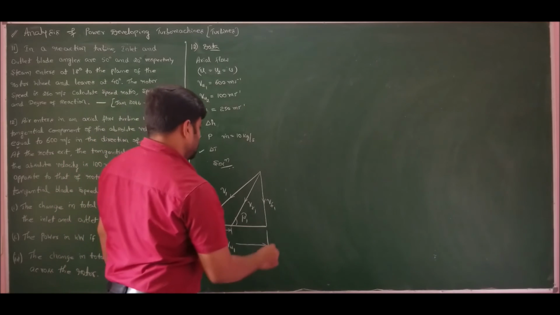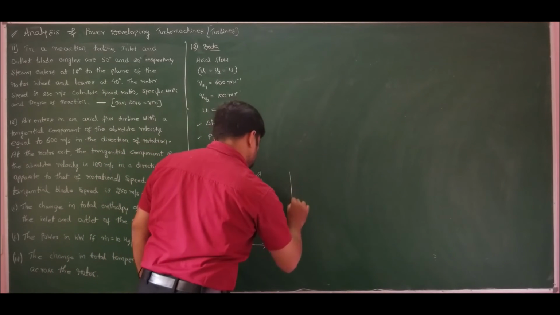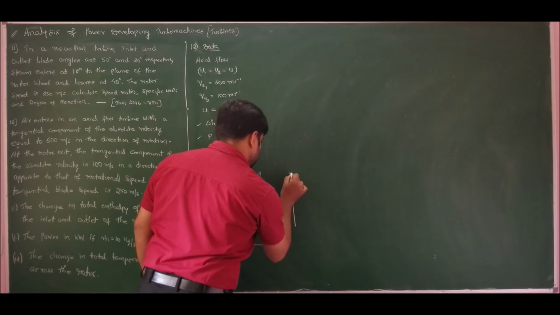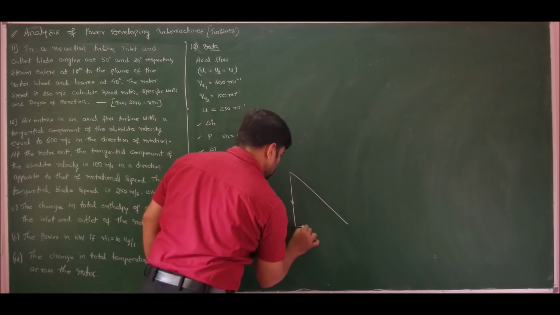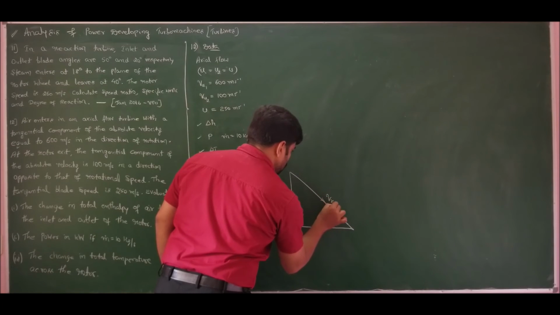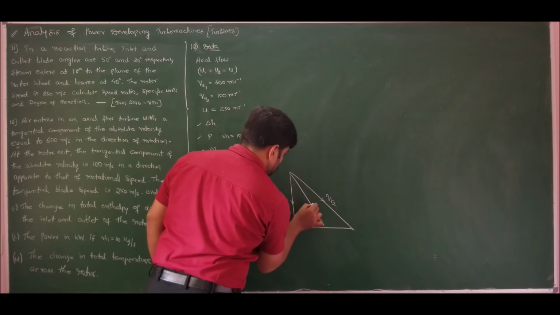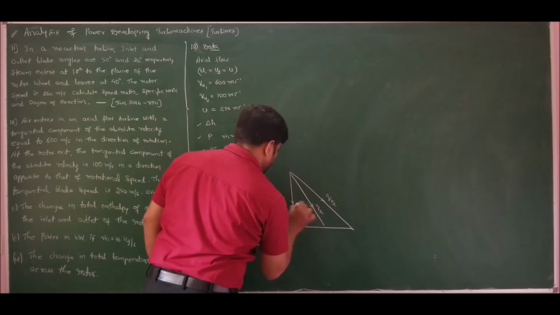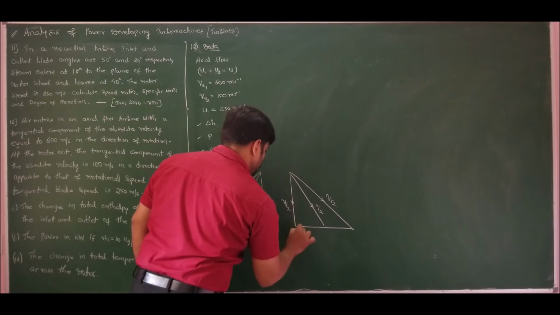Similarly, if I write for exit velocity triangle, we have VR2, V2, VF2.